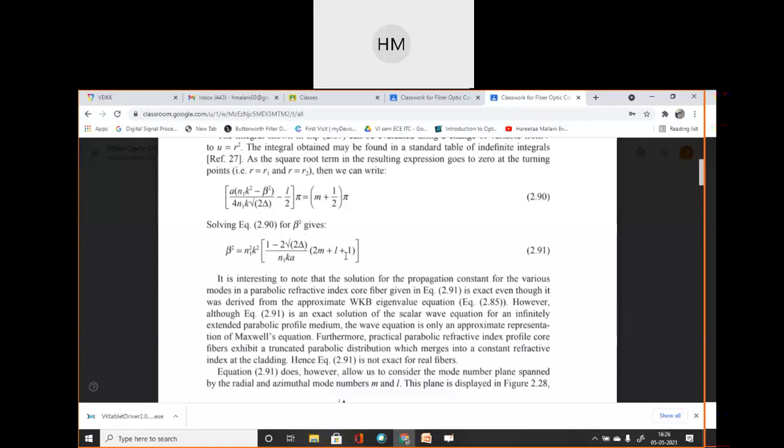This equation considers both the radial and azimuthal mode numbers, and the modes propagating through graded index fiber are guided, leaky, and radiation modes. All different modes propagate within the graded index fiber, and this equation is very important. In the exam, they can ask you to find the propagation constant for various modes in a parabolic refractive index core fiber, that is your graded index fiber.